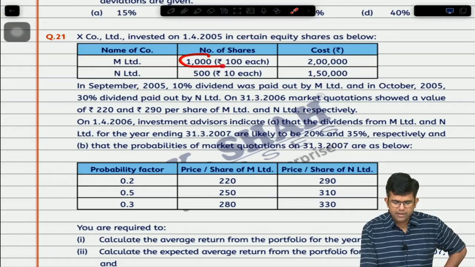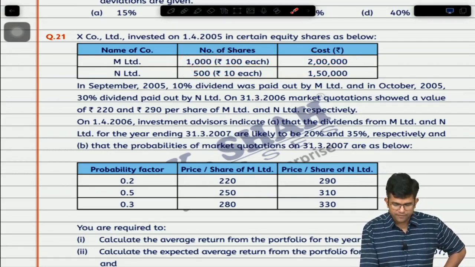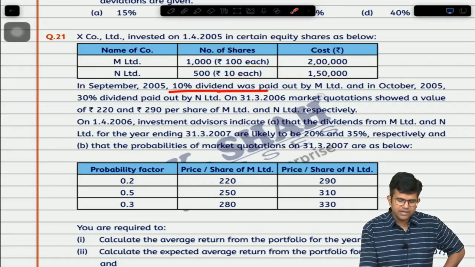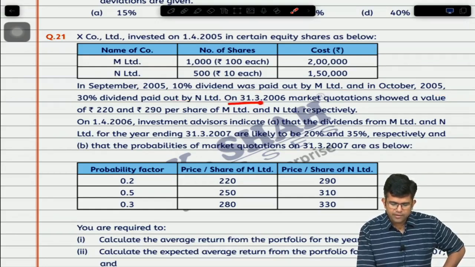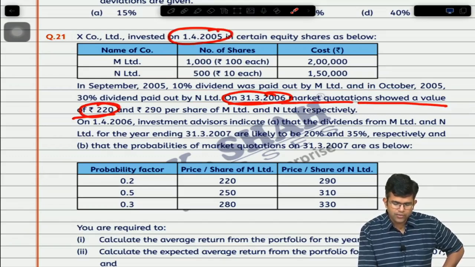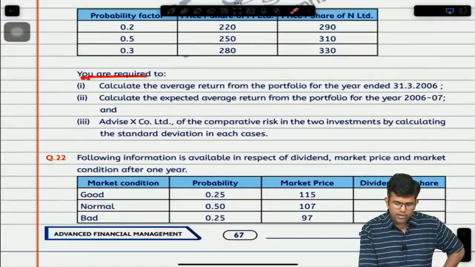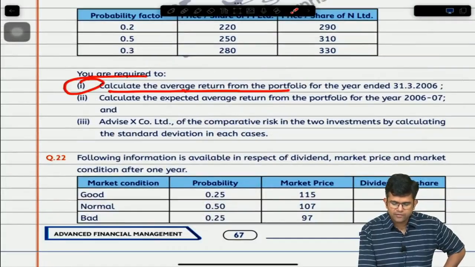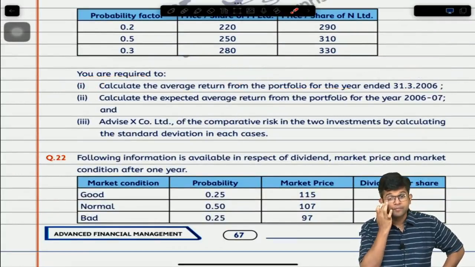So they invested in M Limited, they invested in N Limited. In September 2005, 10% dividend was paid by M, and in October 2005, 30% dividend was paid out by N. On 31/3/2006, that is 1 year later, the prices of the shares showed 220 for M and 290 for N respectively. You are required to calculate the average return from the portfolio RP for the year 0506. That is the question.